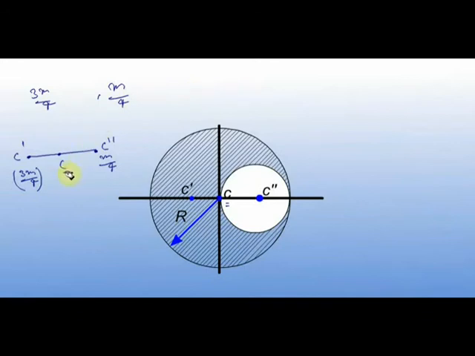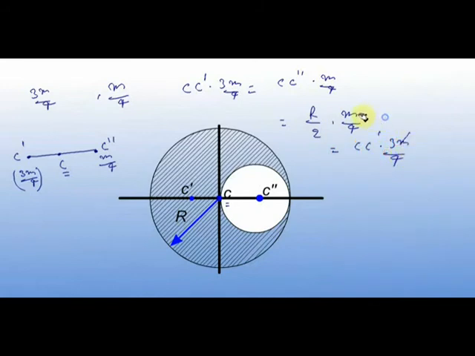So as we have seen, the location of center of mass would be such that C dash into 3m by 4 will be equal to C double dash into m by 4. Now C double dash is nothing but r by 2, the radius of the hole. So r by 2 into m by 4 will be equal to C dash into 3m by 4.